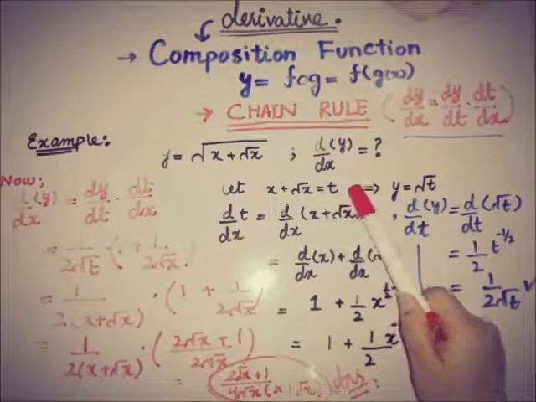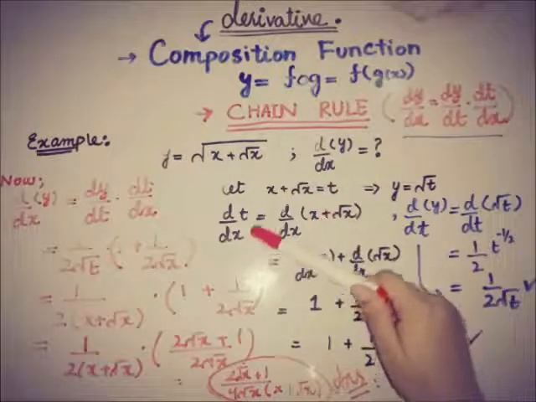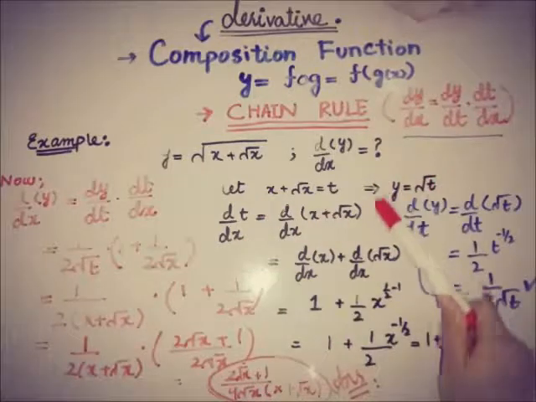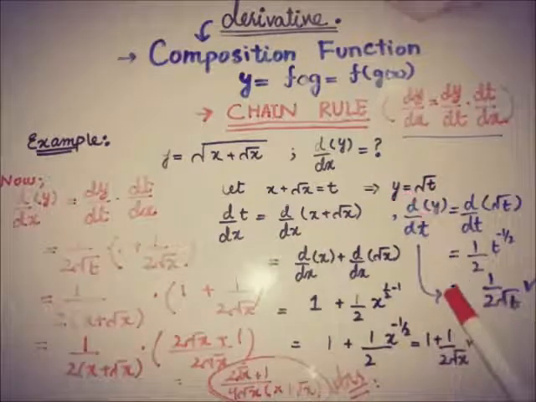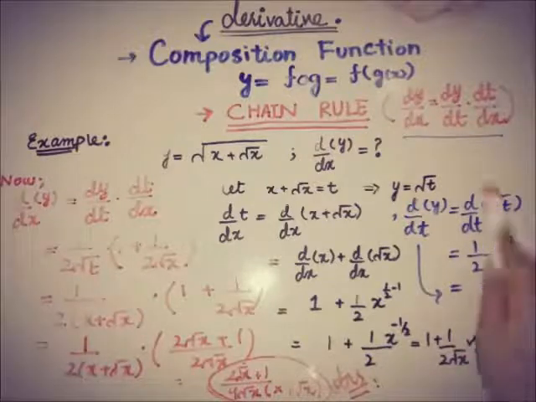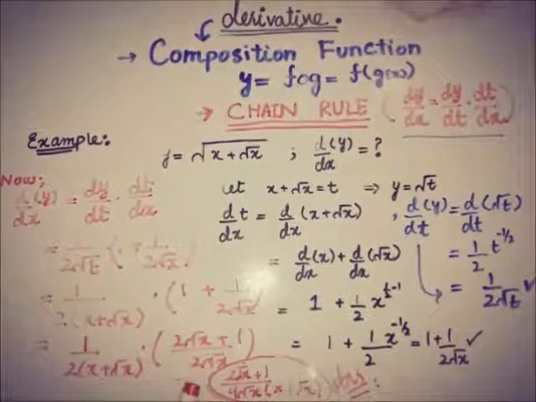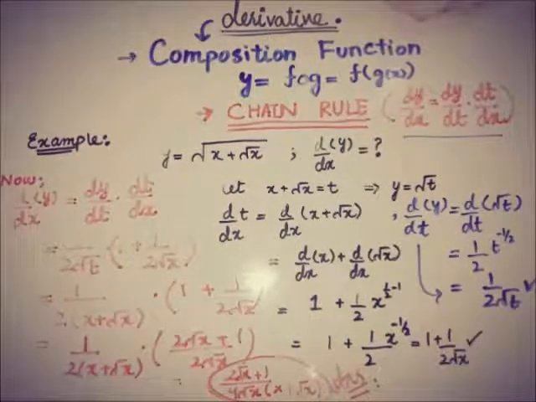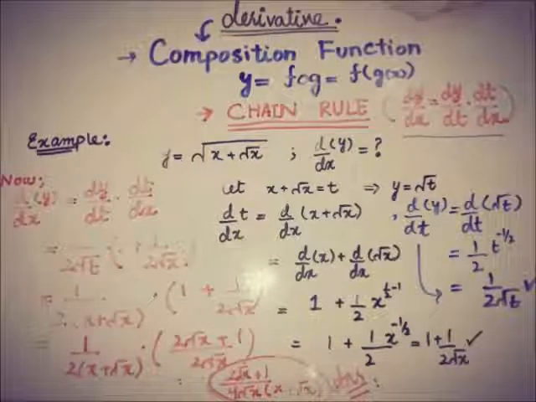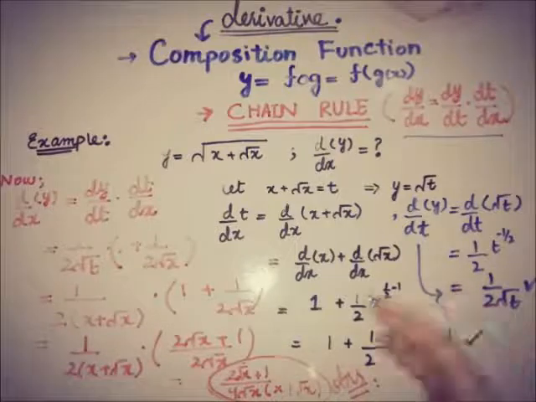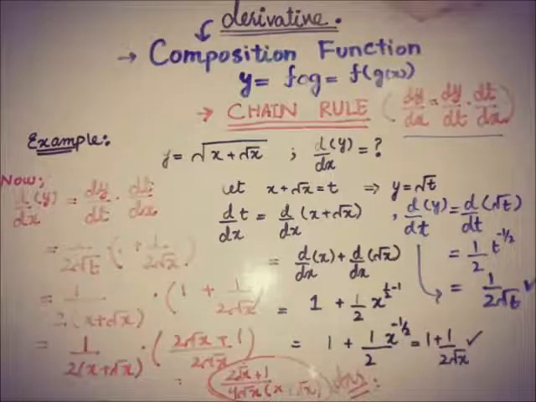I have used t, and I just found the rate of change of t with respect to x, and then the rate of change of y with respect to t, and by using the chain rule just found the rate of change of y with respect to x. So this makes the whole thing much cleaner, and it just swept the mess.